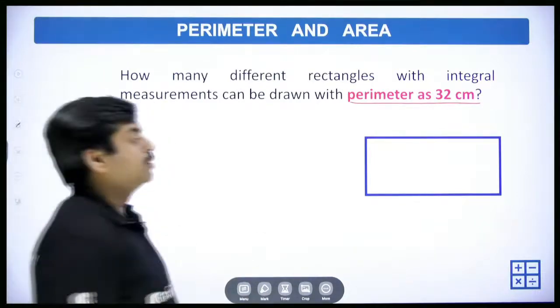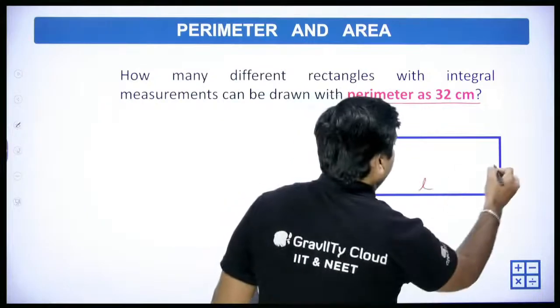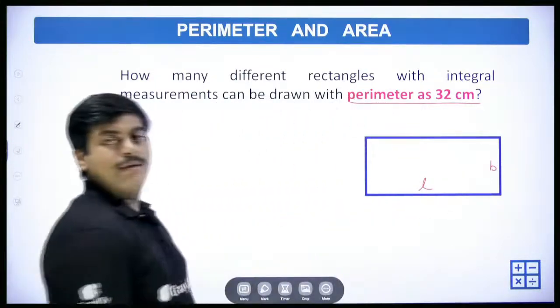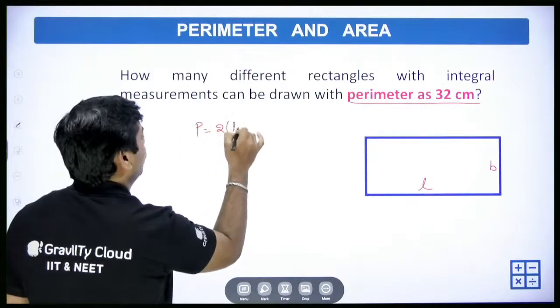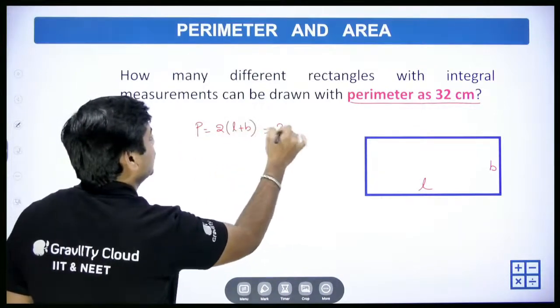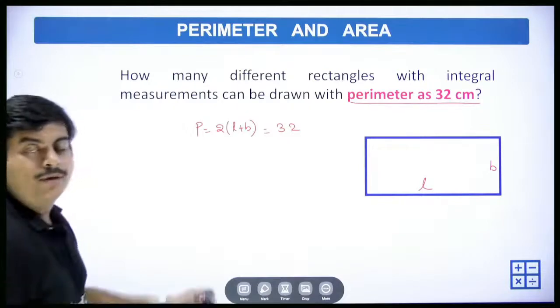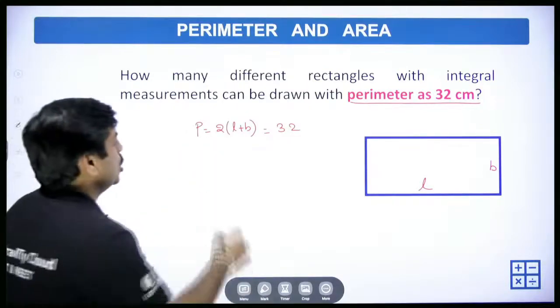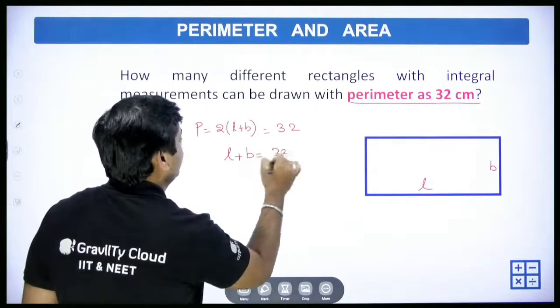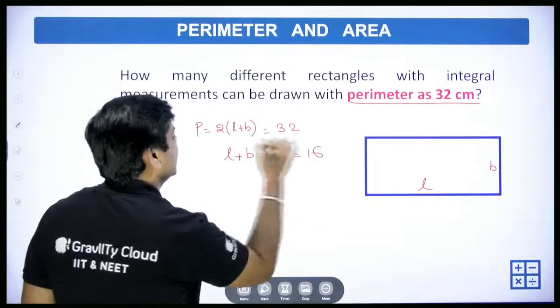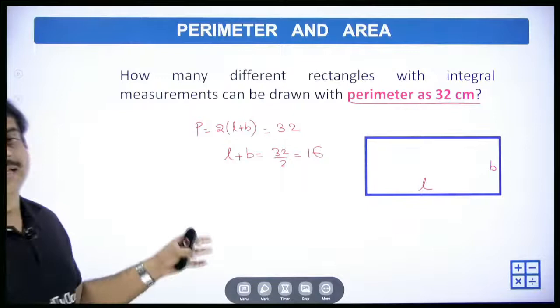So let us take the length as L and breadth as B. The perimeter formula is 2 times (L plus B), which is given as 32. So L plus B, length plus breadth, will be 32 by 2, which is equal to 16.